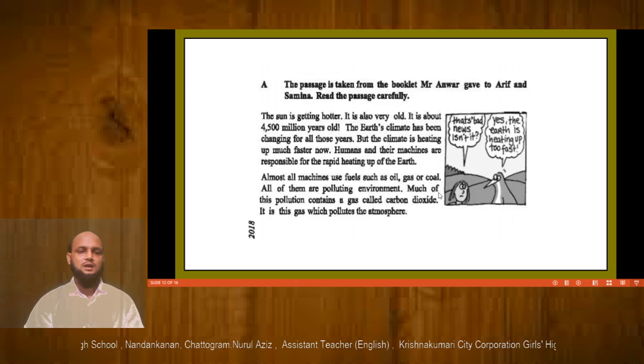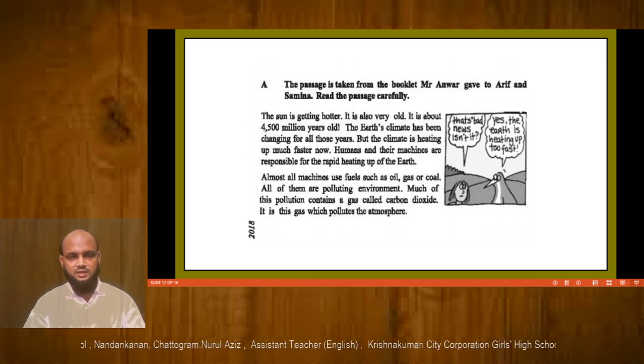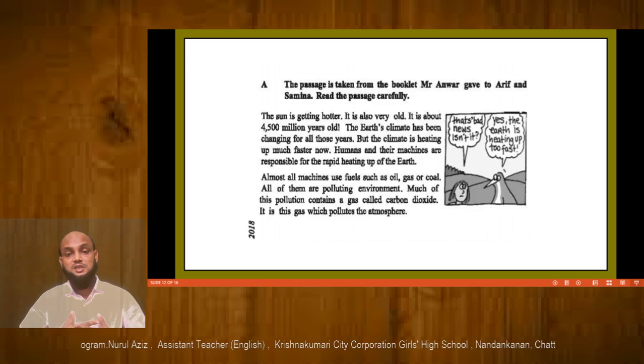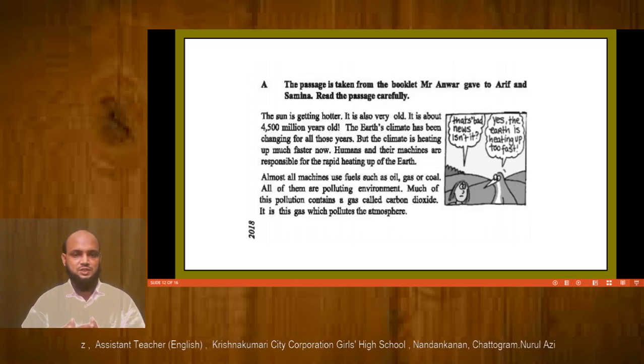The earth is getting heated rapidly, and our machines, as we are industrialized now, and the industrially developed countries are polluting the environment much because their machines are releasing gases, and these are polluting the environment, and the earth is getting heated day by day.